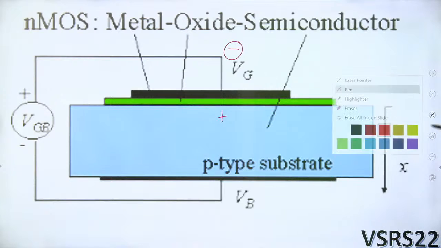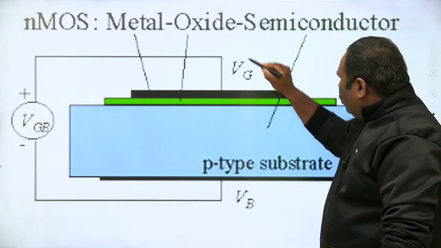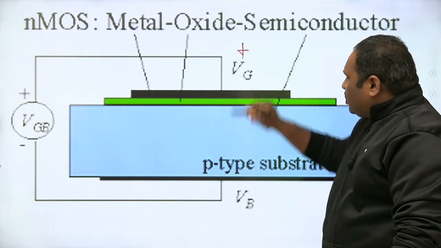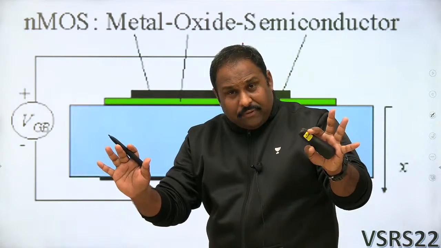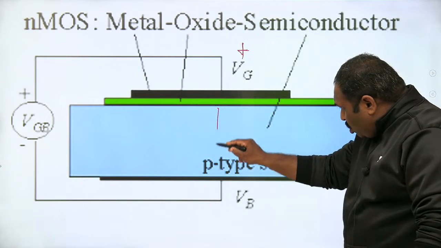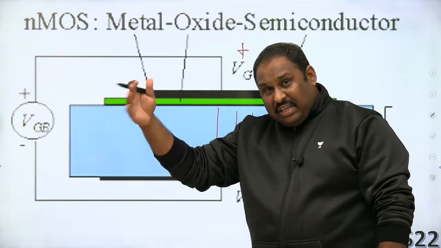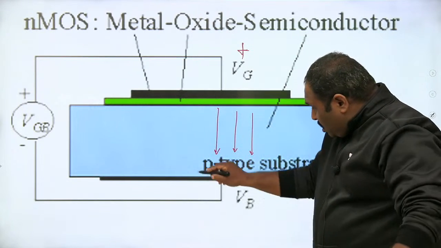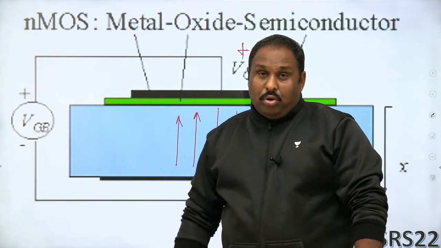Inversion mode is just the opposite, where I should give a positive voltage, a positive voltage which is sufficiently large enough, one that repels the holes away and also brings your electrons here. So this is inversion mode.